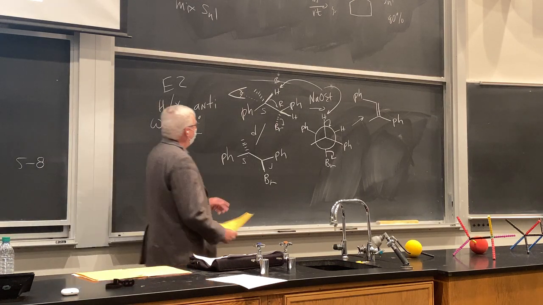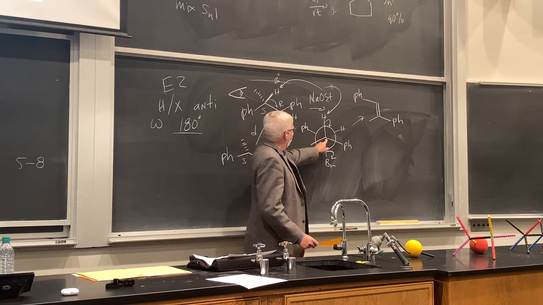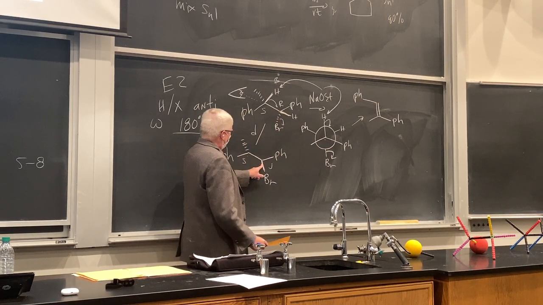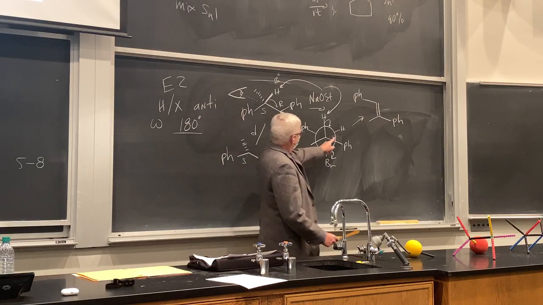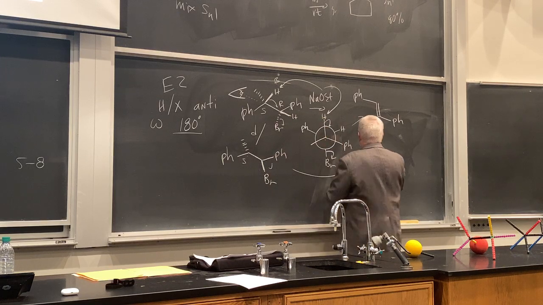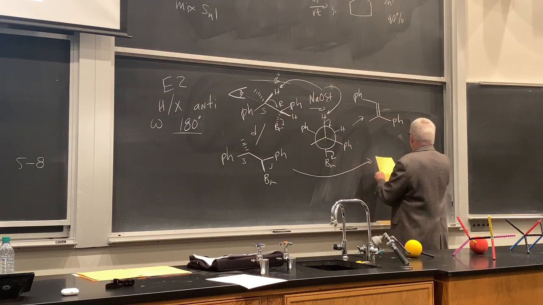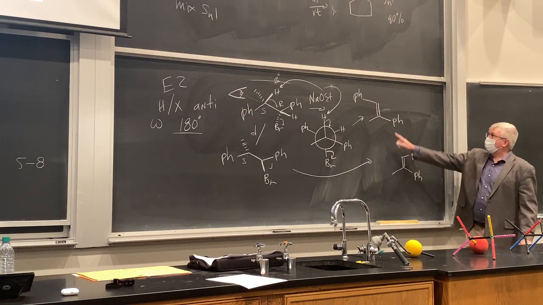You'd have to draw another Newman thing here. So you'd have this one in the front the same way. But then when you put this bromide down here, look, then this phenyl would be over here, and the hydrogen would be there. And this one gives this product only, okay?